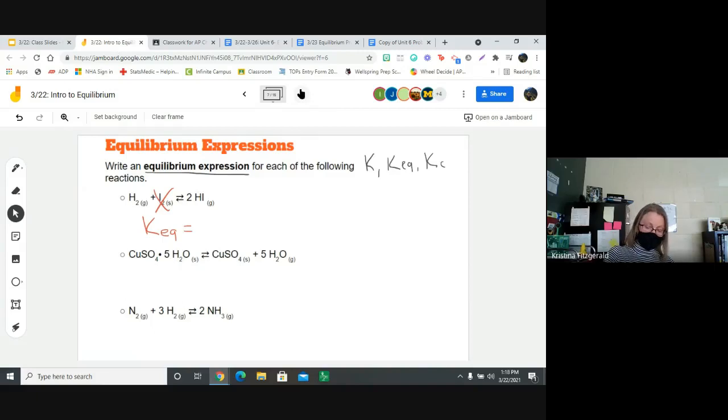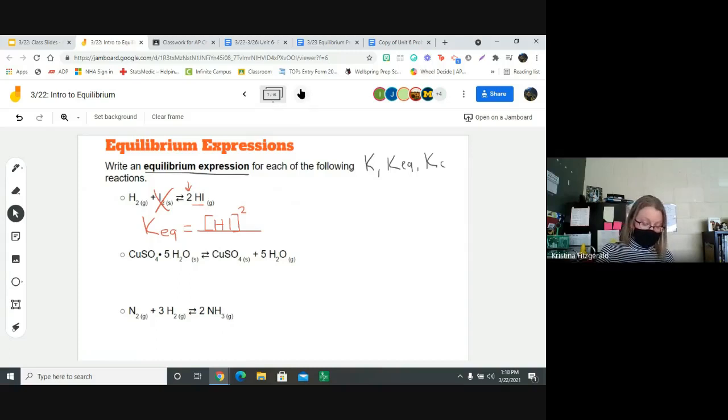Then I'm going to do products over reactants, with brackets. On my product side, I've got HI. So I would put the concentration of HI, and then I would square that number, whatever it is, because there are 2 moles of that thing. That's what the 2 becomes, the exponent.